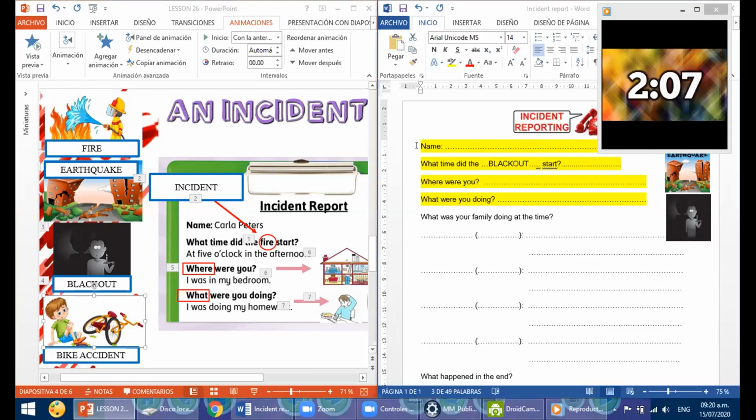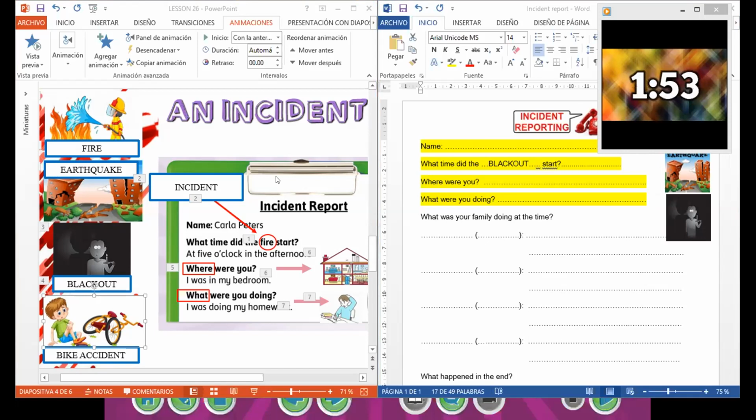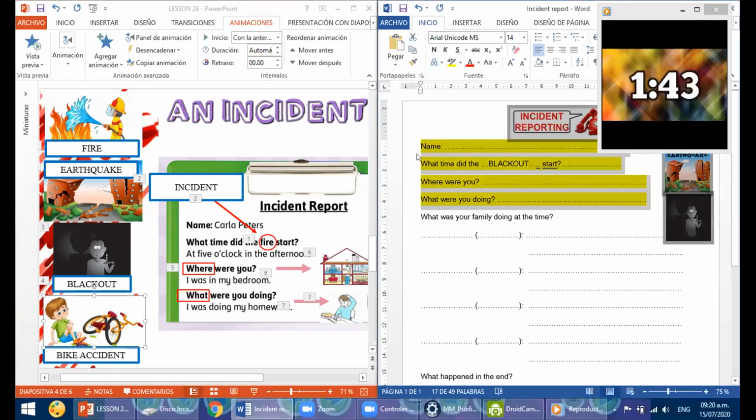Only complete, please, these 4 questions, okay? Only these 4 questions. Then we continue with the second part, okay? Use your book, please. In your book, you have the model.